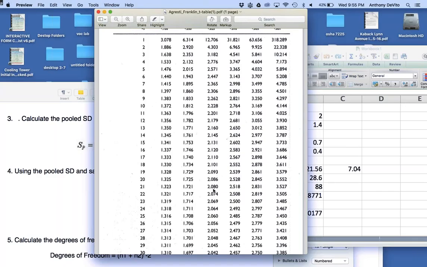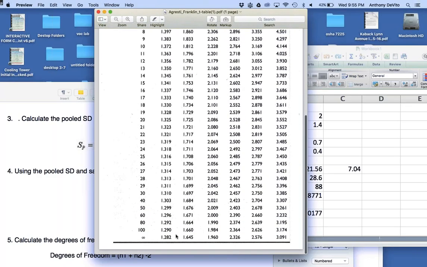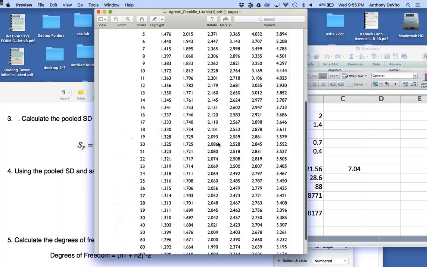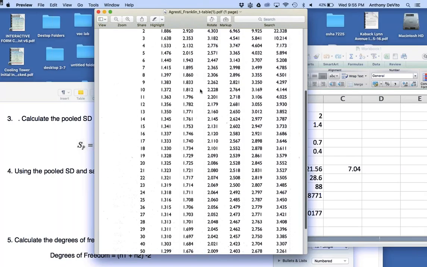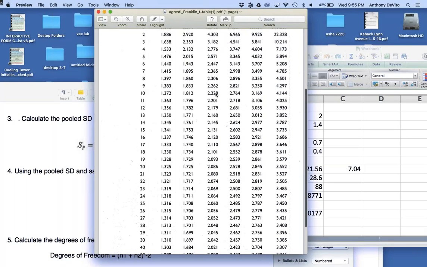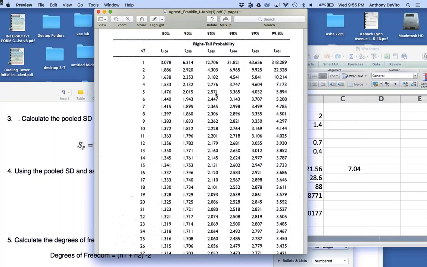If my degrees of freedom were 100, I would have to exceed 1.98. If 10, I'd have to exceed 2.2. If only 4, I'd have to exceed 2.7, or 3.1, or 4.3, and so on and so forth.